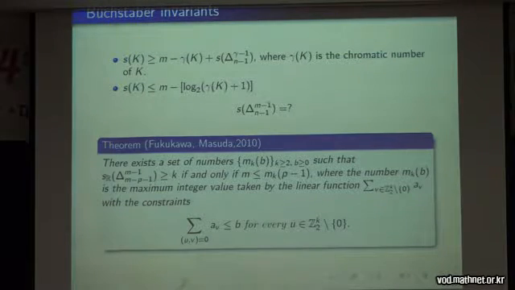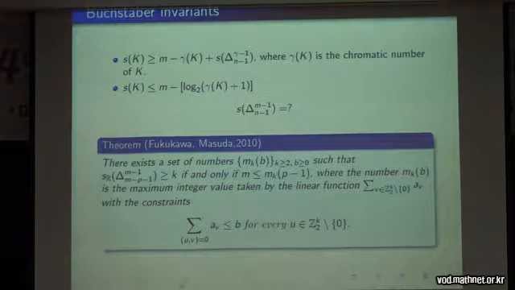And the upper bound is m minus log 2 of something. So it makes sense to consider the Buchstaber number of skeleta of a simplex.